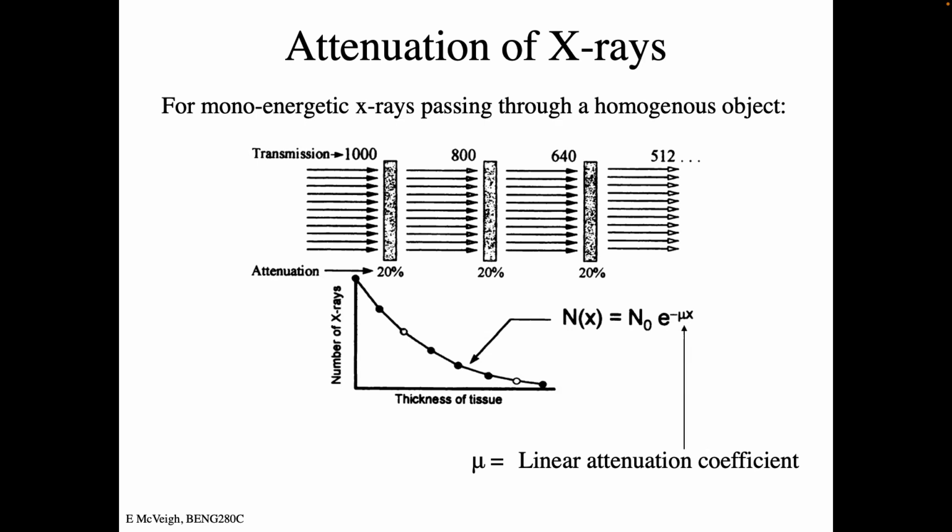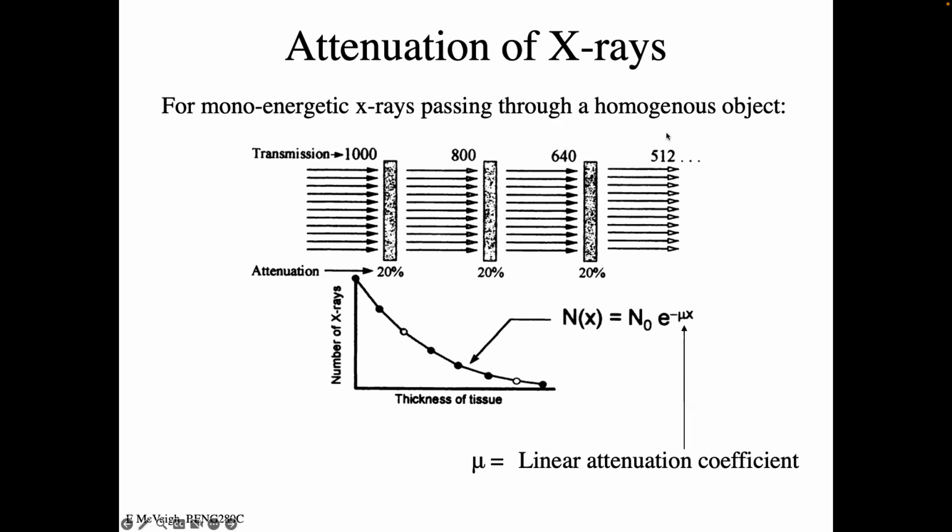Materials that have a big electron cloud, so high Z number materials, will cause a lot of collisions between the X-rays and the material. So for iodine, for instance, this mu value is a very big number, and so this decay as I'm moving through the material happens very quickly.